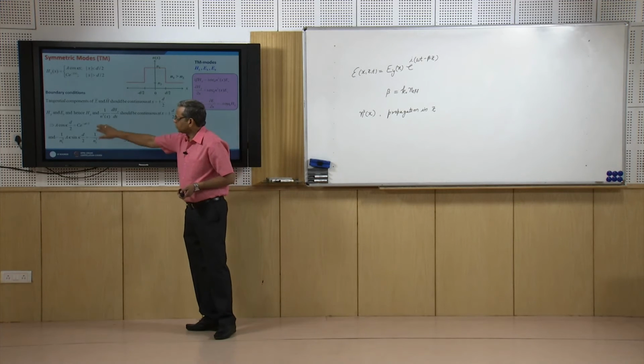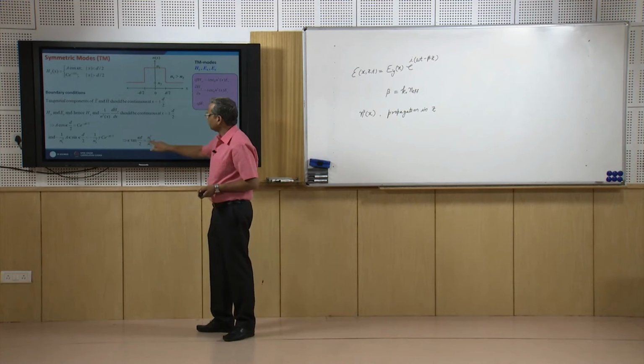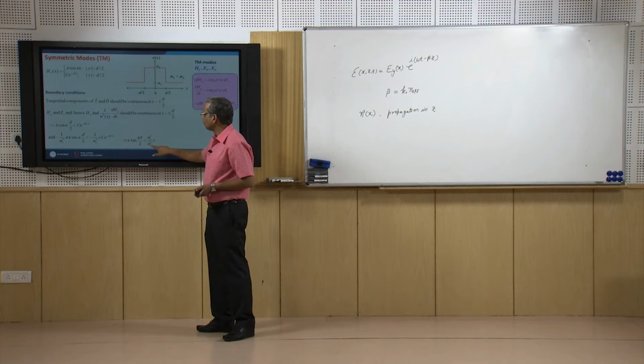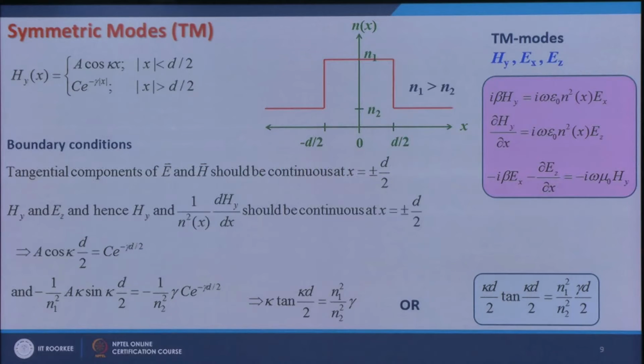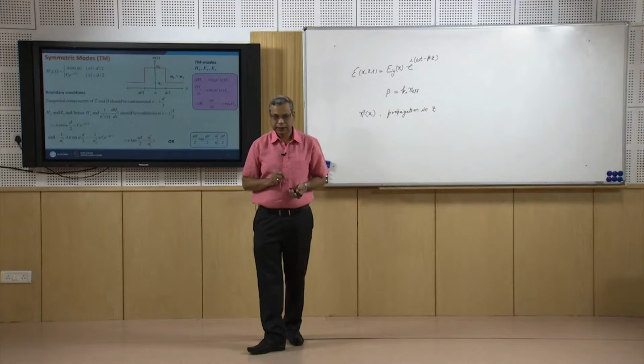If I divide this by this, kappa tan kappa d by 2 is equal to n1 square over n2 square times gamma. Multiplying with d by 2 on both sides, I get kappa d by 2 tan kappa d by 2 is equal to n1 square over n2 square times gamma d by 2. So, this is the transcendental equation. The difference is this factor: I have this factor n1 square over n2 square extra in the case of TM polarization.